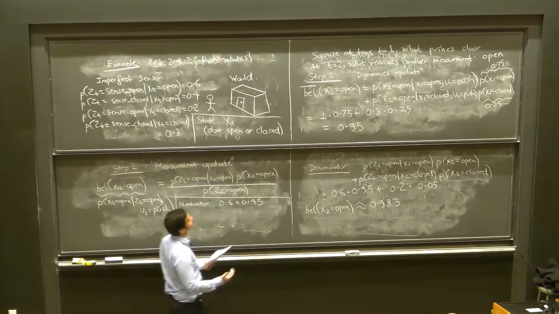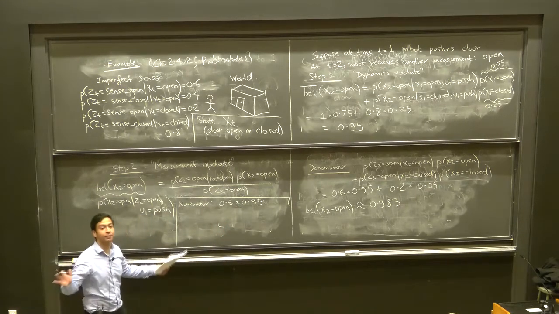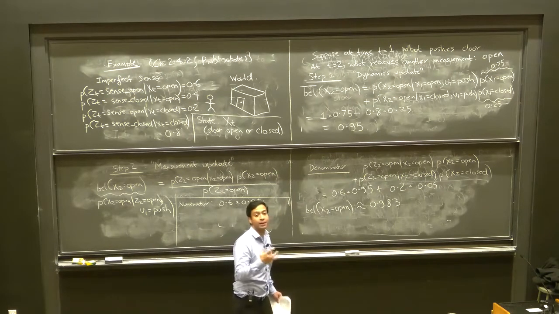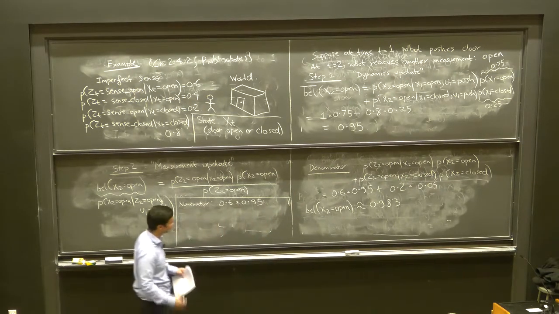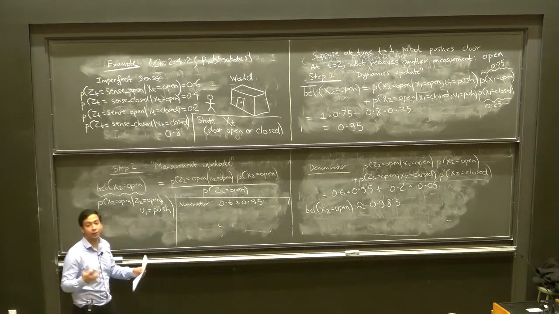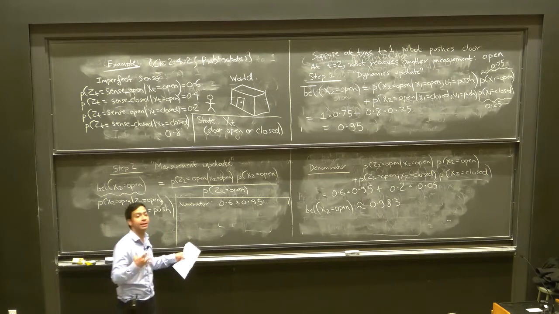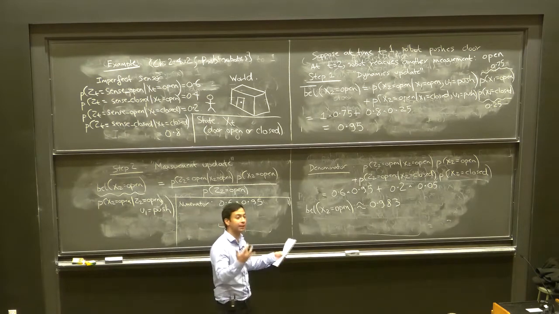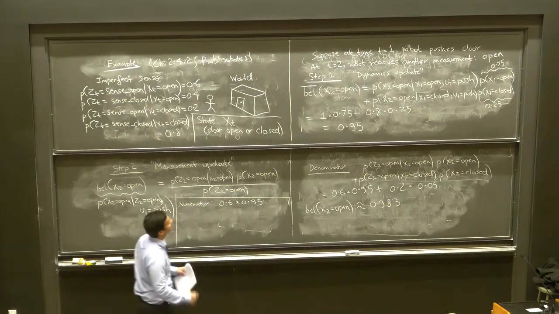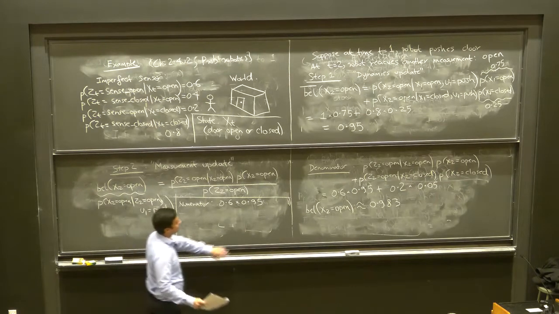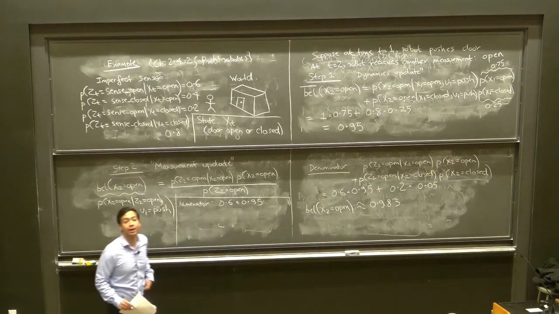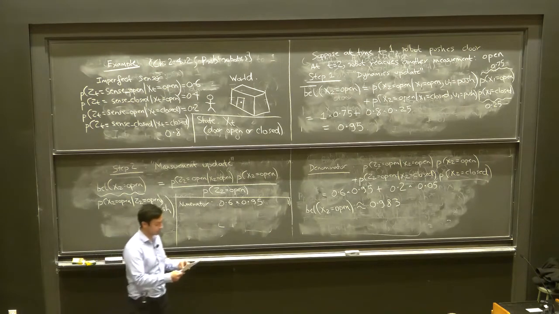Again, this makes sense. Initially it was about 50-50. It sensed that the door is open, so that made it 0.75 confident. And then there were two additional pieces of information that increased its confidence. One, that it pushed the door, which made it believe even more that the door was going to be open, and then it sensed that the door was open. That made it about 98.3% confident that the door is open.